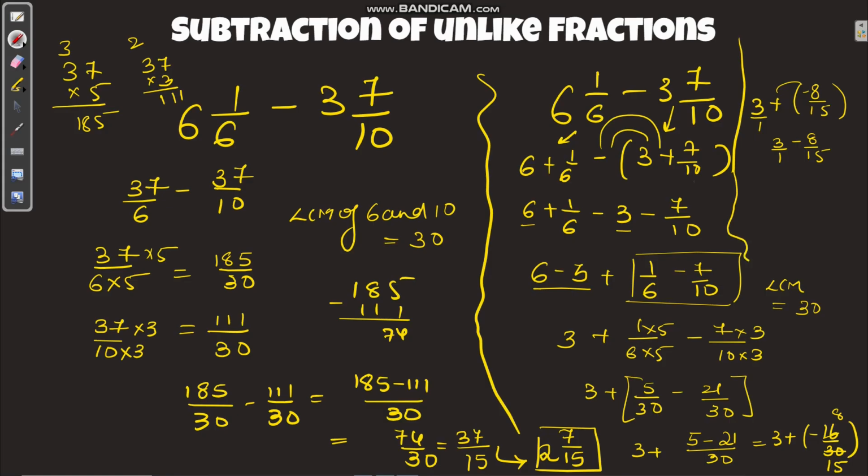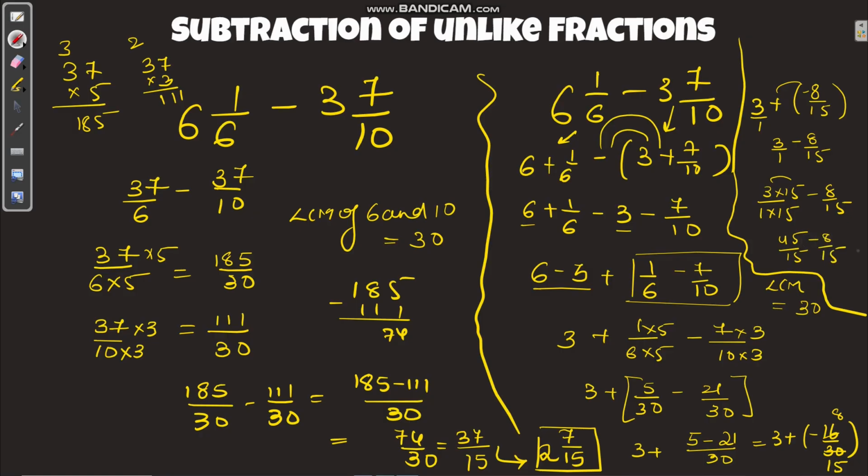Now the LCM of 1 and 15, both of them are unlike fractions, so the LCM is 15. So it is 3 by 1 into 15 minus 8 upon 15. 3 into 15 is 45 by 15 minus 8 by 15.